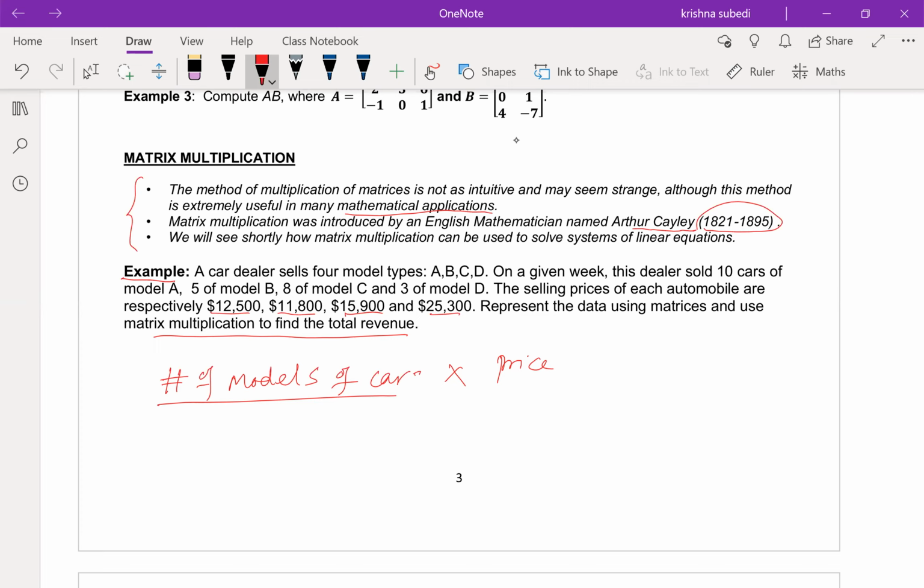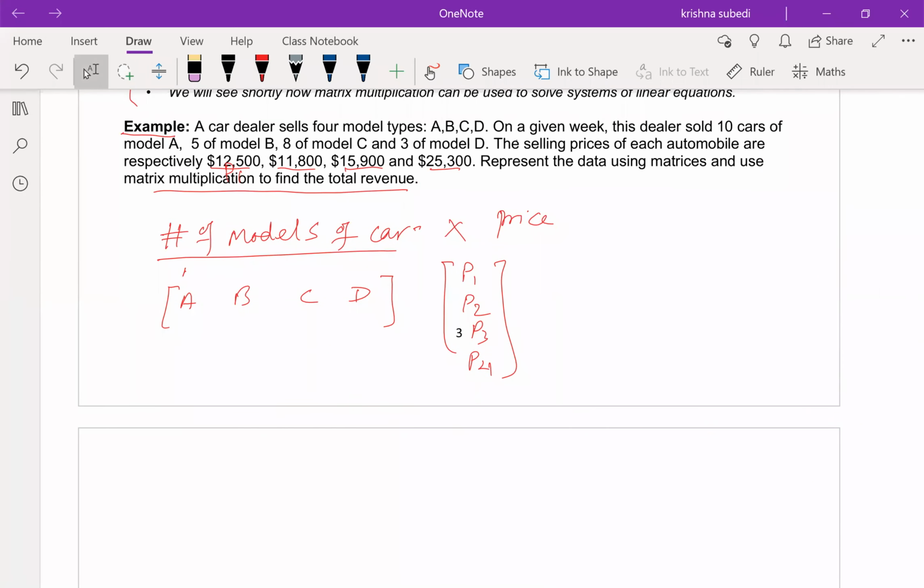So in order to express this in matrix, how you can write down is model type A, B, C, D, and then the price will be, let's say, P1, P2, P3, P4. Okay, if we multiply this, we should be getting the result.